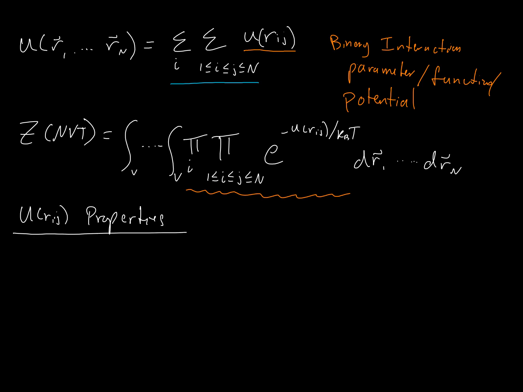So let's look at our binary interaction potential, or interaction potential. Okay, as our separation distance, Rij, goes to infinity, what do we think that U should be equal to? 0.